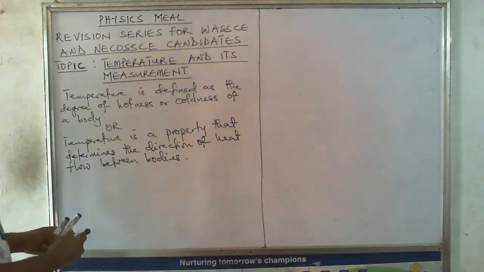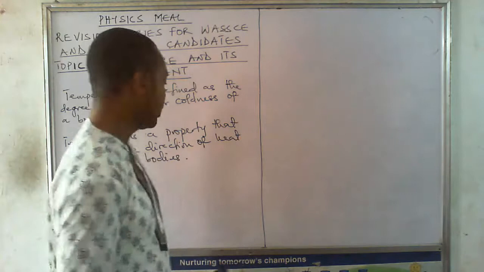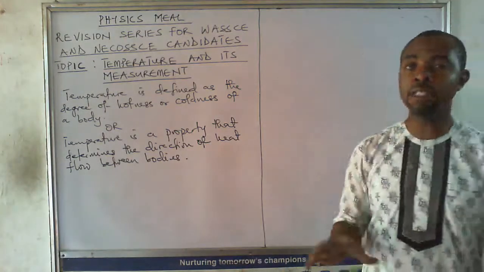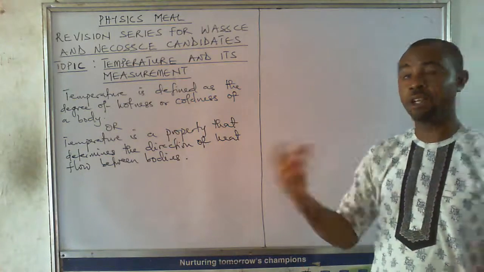So a property that determines the direction of heat flow between bodies is what we call what? Temperature. So temperature is a thermodynamic property that will actually show us the direction of heat flow.